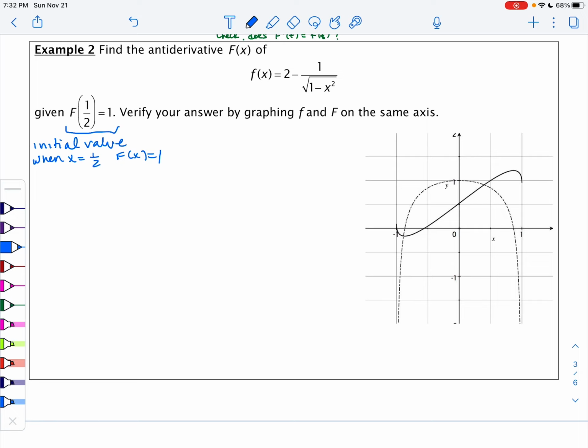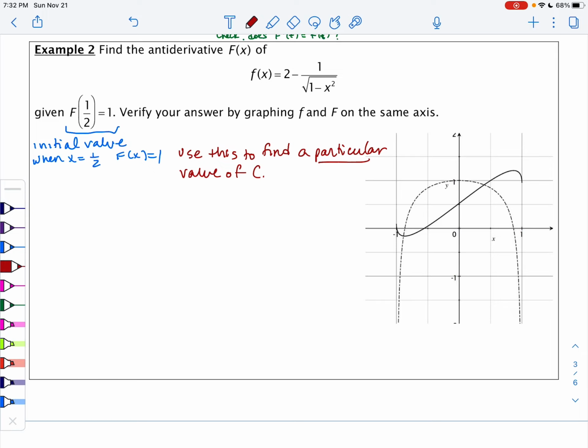And we will use this to find a specific value of c, or what they call a particular value of c. So we're finding the one graph in the family of antiderivative functions that passes through that particular point.